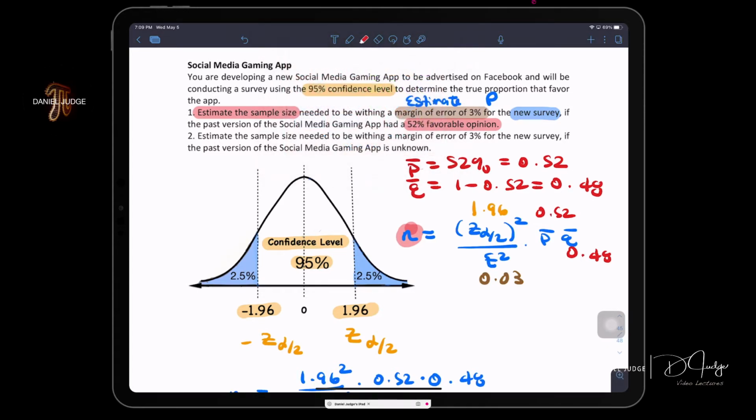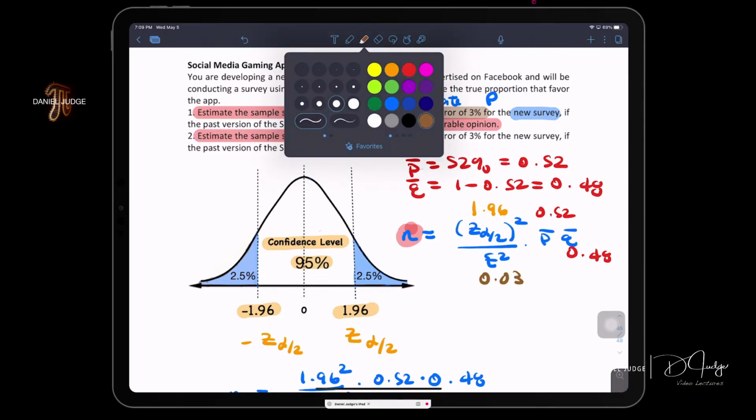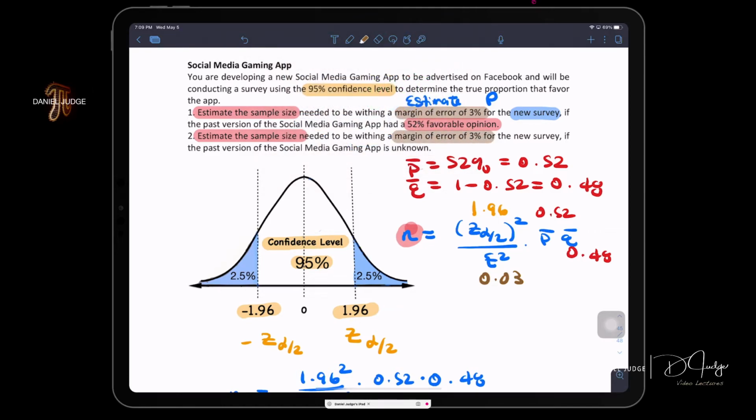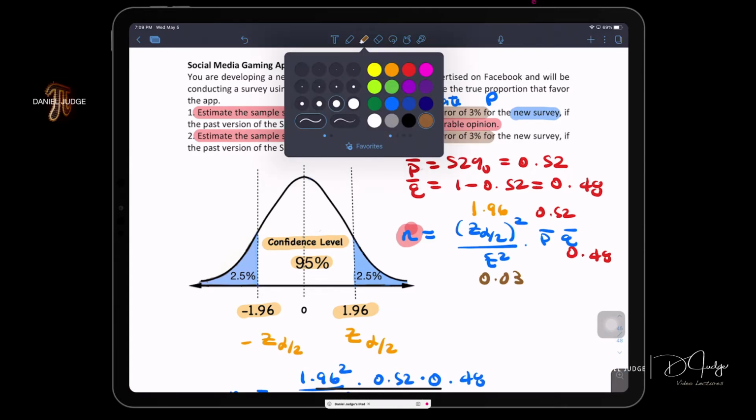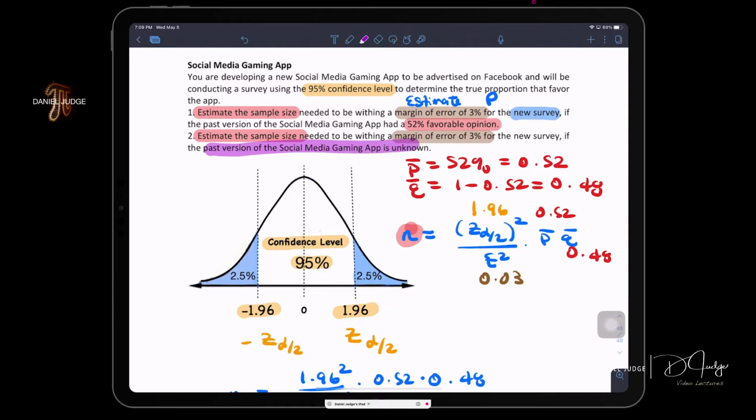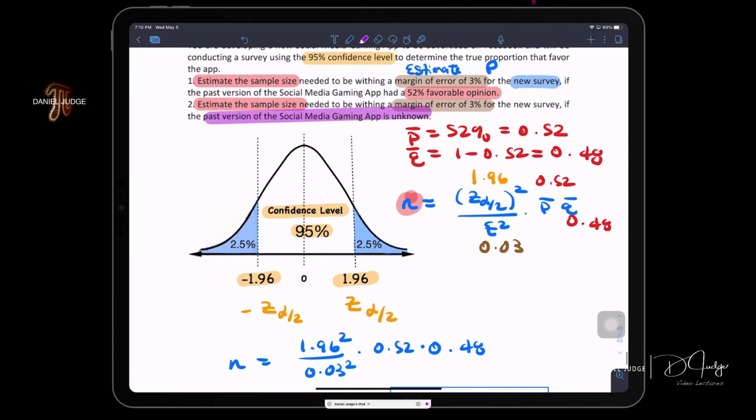Compare that to question 2 that says estimate the sample size needed to be within the same margin of error of 3% for a new survey. If the past version of the social media gaming app is unknown, meaning the favorable opinion is unknown, then the sample proportion is assumed to be 0.5.